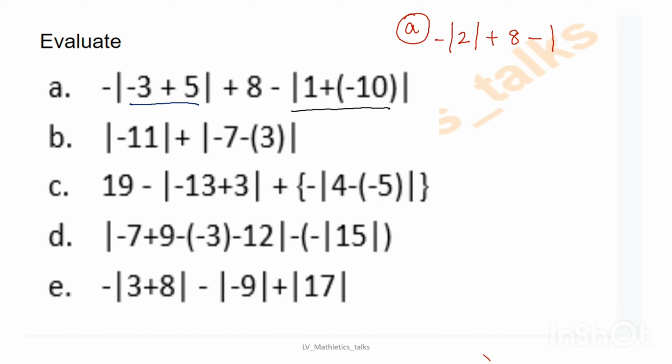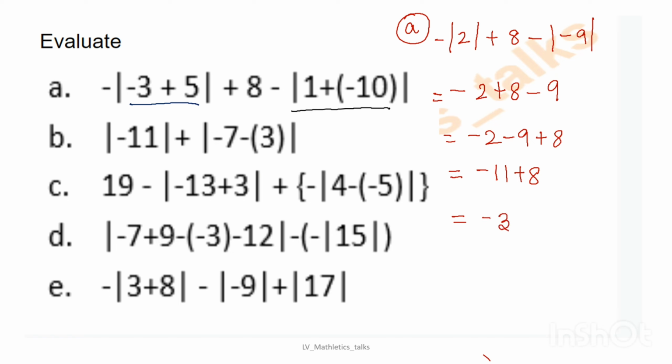Absolute value of, isn't it minus 9? So this will be equal to minus absolute value of 2 is 2 plus 8 minus absolute value of minus 9 is 9. So this is minus 2 plus minus 9 plus 8, right? Minus 11 plus 8. Minus 3.